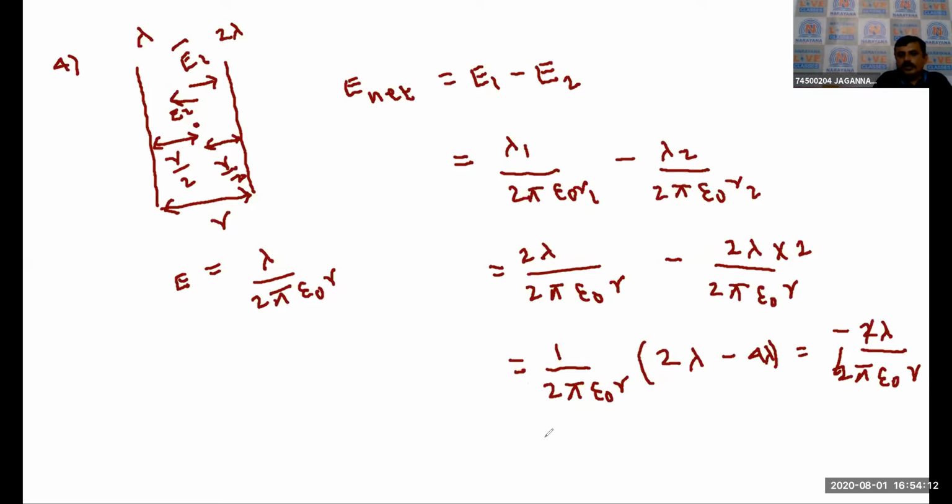So net electric field, how much here? Net electric field is lambda by 2 lambda by pi epsilon naught into R. What does the minus indicate? The minus indicates the direction. What is the direction?